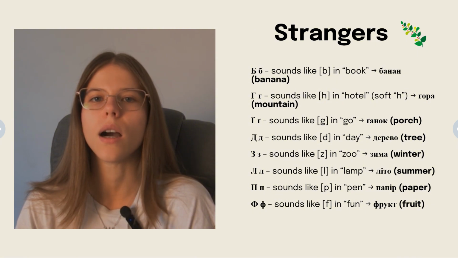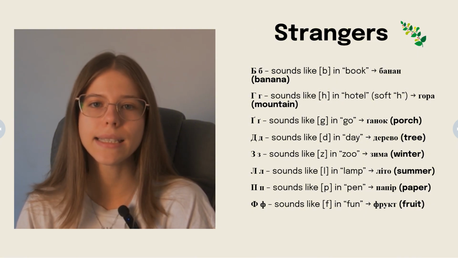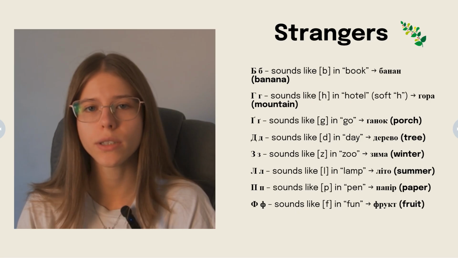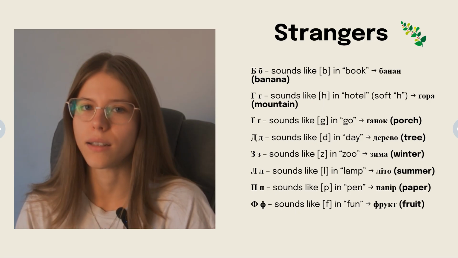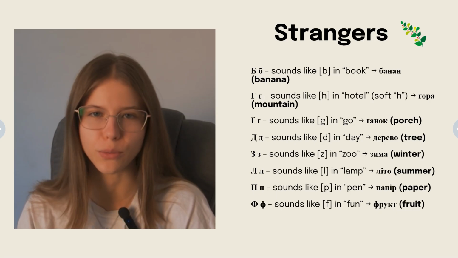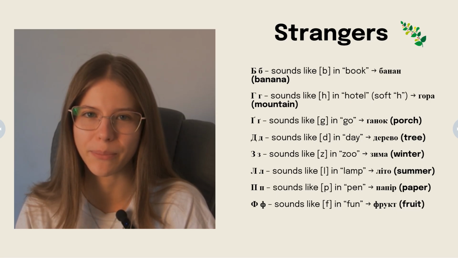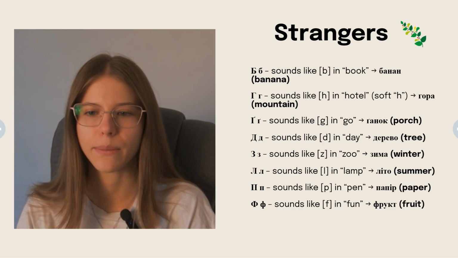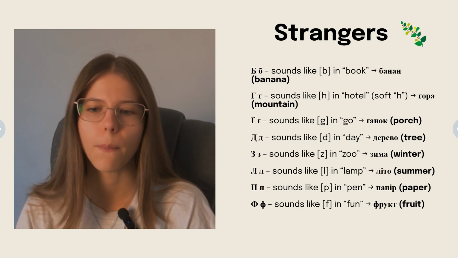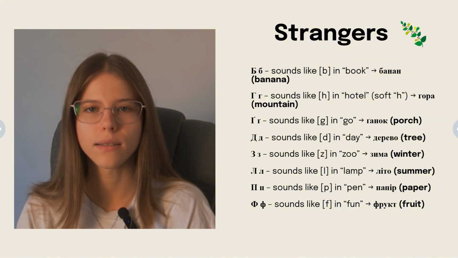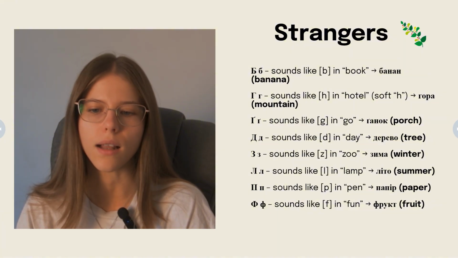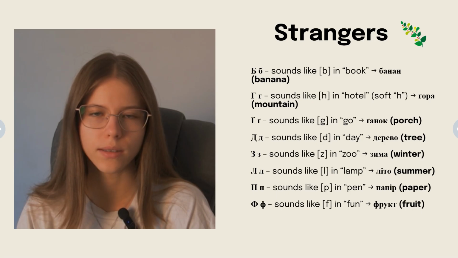Г, га, га. And the letter Ґ is a very short and strong sound, like in go, Ґ. This letter, I think, you will be able to pronounce without problem. So let's read them again. Б, Г, Ґ, Д, З, Л, П, Ф.